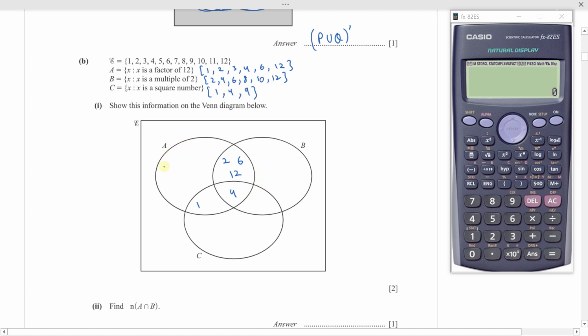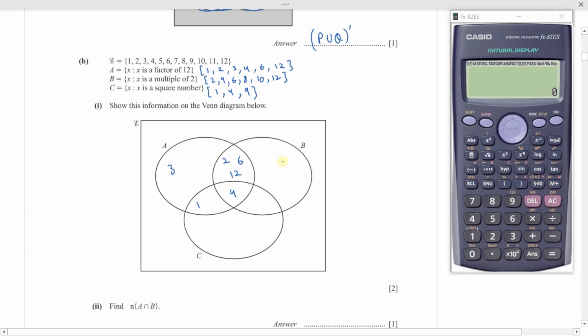And then let's move on to the rest of the numbers, so remaining numbers in A. So you've already written 1, 2, 6, 12, and 4, so the remaining numbers from A are 1 is written, 2 is also written, 3 is missing, 4 is already written, 6 is already written, 12 is already. So 3 is the only number here, which is part of set A, but not part of any of these intersections.